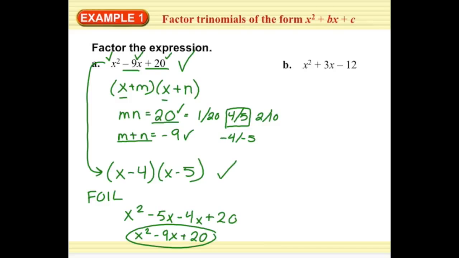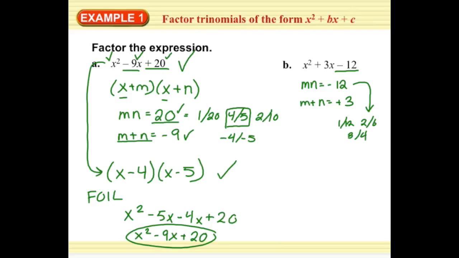Letter B is a similar example. In this case, m times n needs to equal negative 12, and m plus n needs to equal positive 3. So again, I think about the factors of 12, 1 and 12, 2 and 6, 3 and 4.